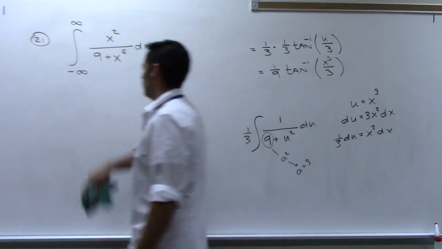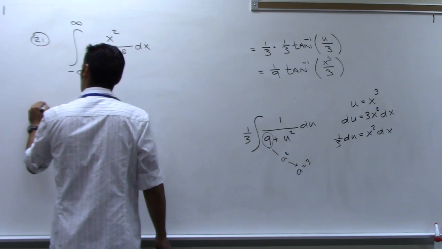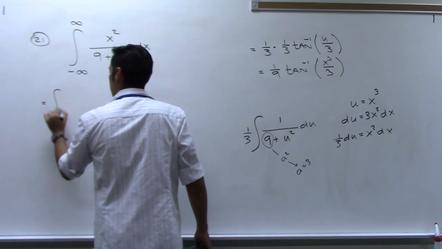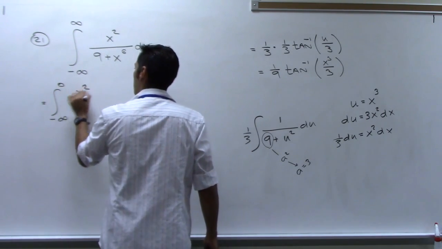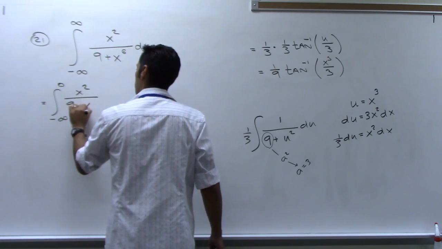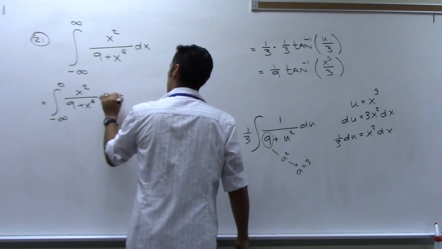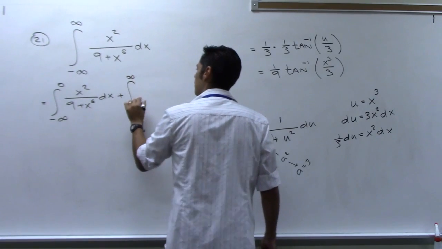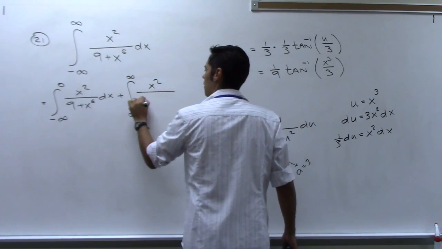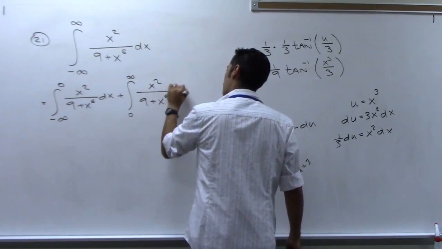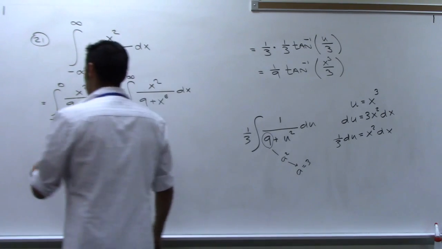And then back over here. This becomes, split it up first into 2 integrals. I'll go to 0. Then from 0, I'll go to infinity. And then each one of those turns into a limit.